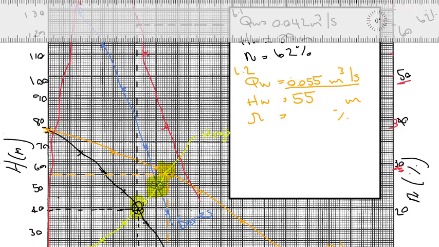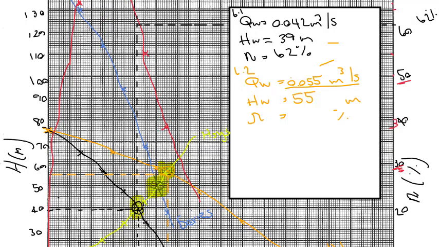So let's do that. What you'll do is take the discharge value of 0.055 divided by 2, and you'll get 0.0275. Once you've divided it, you'll get a value here of 0.0275.